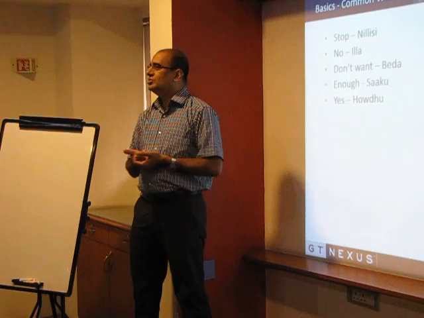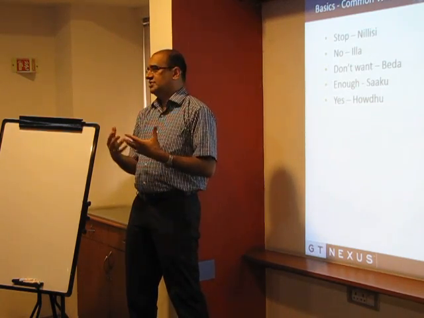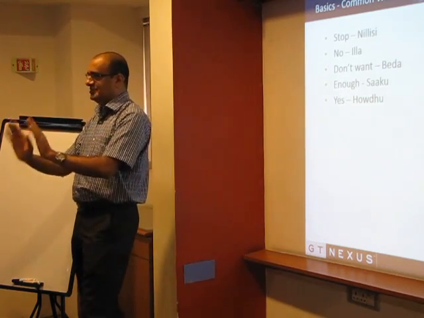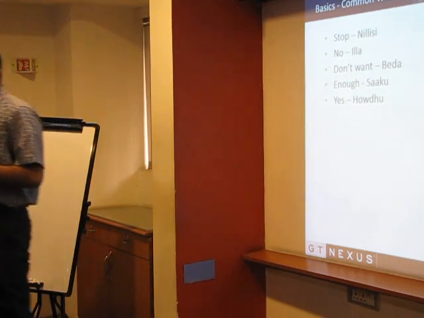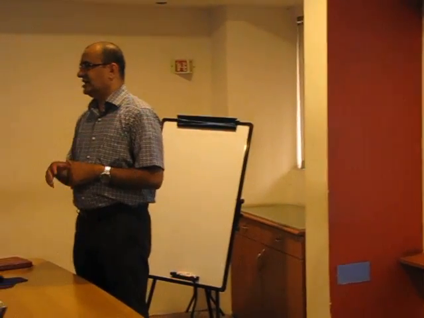But saku is used more, for example, if I'm eating and you want to put more, you say saku. Saku is also used if I'm eating too much and I'm asking you to stop: saku, nilsi. Saku is sufficient.